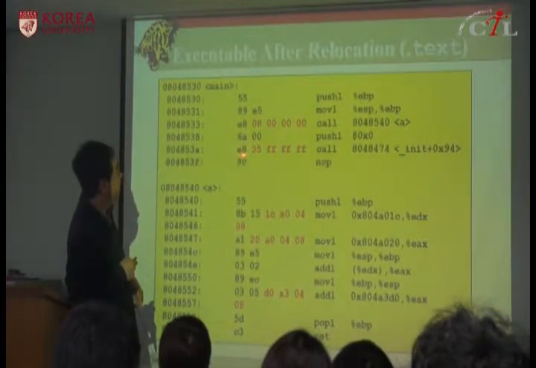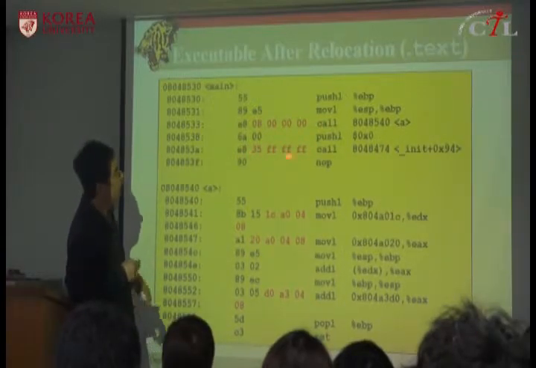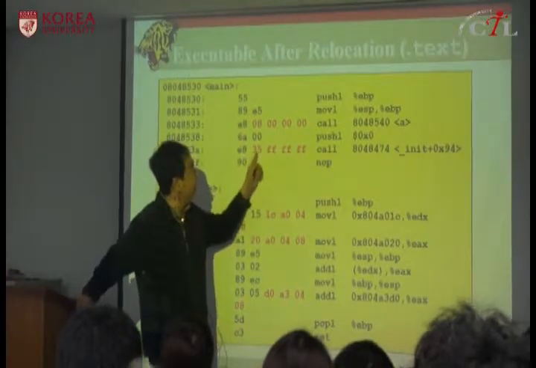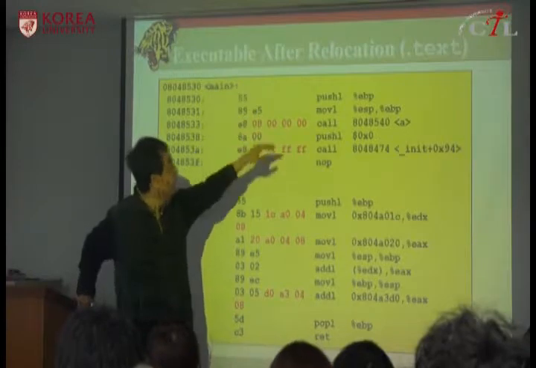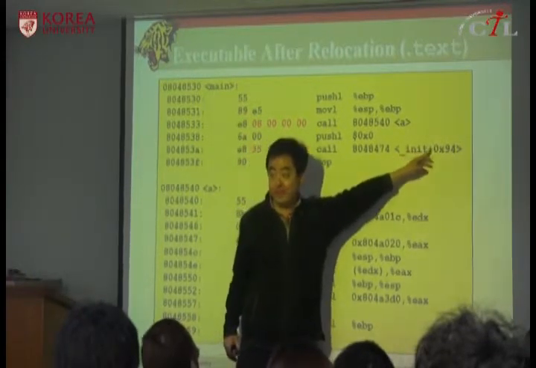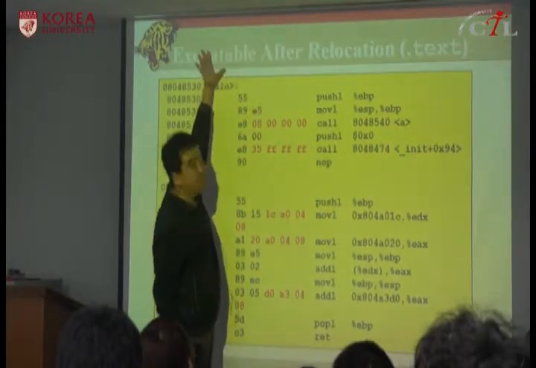Exit is also the same as a procedure call. You put this number, which is negative. In hexadecimal, this should be FFFFFF35. So you are jumping back, because exit is in the initialization routine starting at this address, somewhere before main.